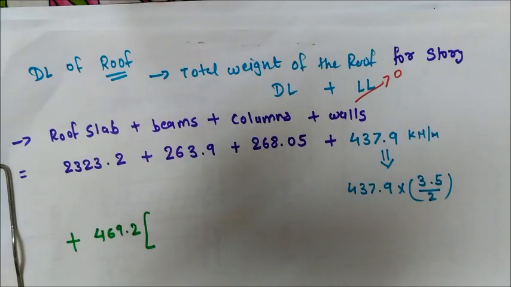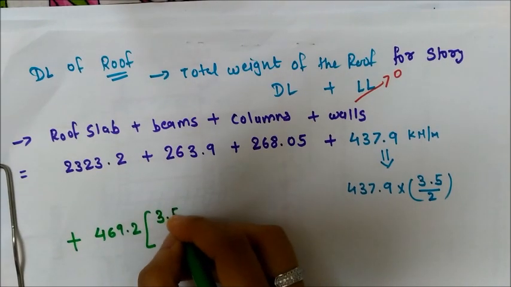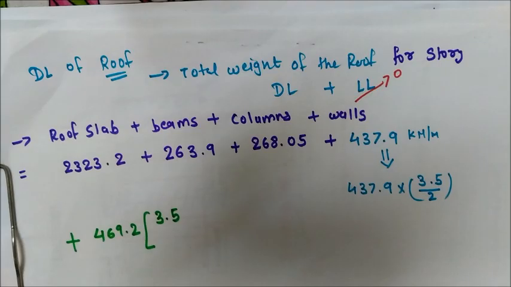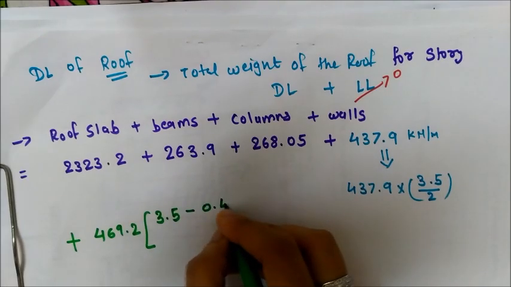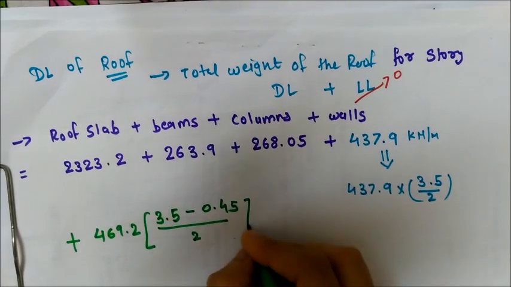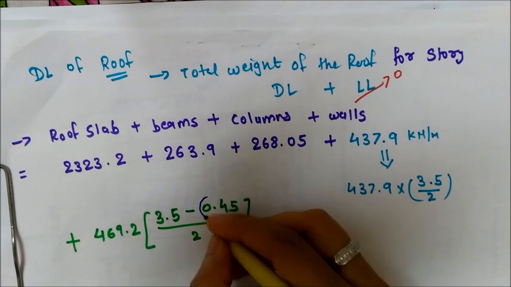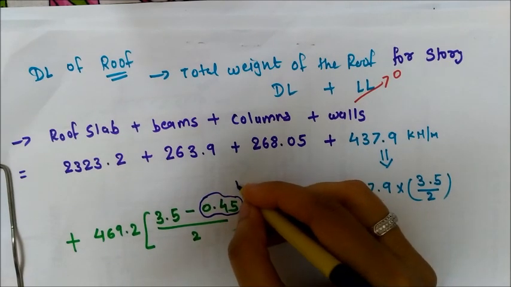In this you have to multiply with the height, because this is in kilonewton per meter of height. The total height is 3.5 meter, but you have to deduct the depth of the beam, and our depth of the beam is 0.45, and you have to take half. Here, if you want, I can just write this. This is the depth of the beam.